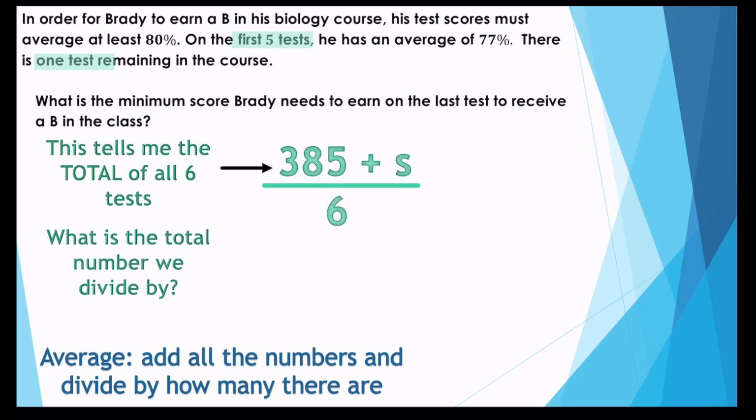What do I know that has to equal? Okay. It says a minimum score. So is it going to be an equal sign? We want a minimum of 80%. So can this score here, the 385 plus S divided by 6, can that be bigger than 80?